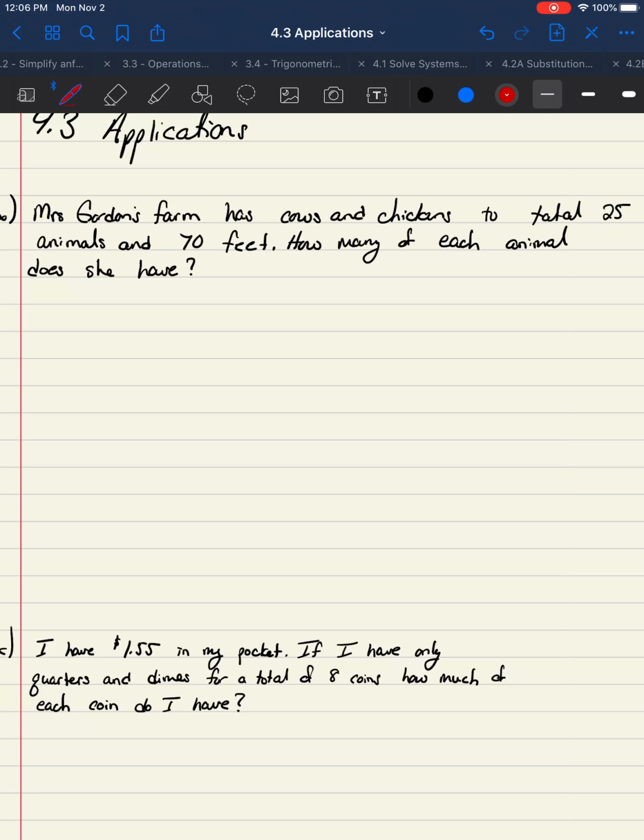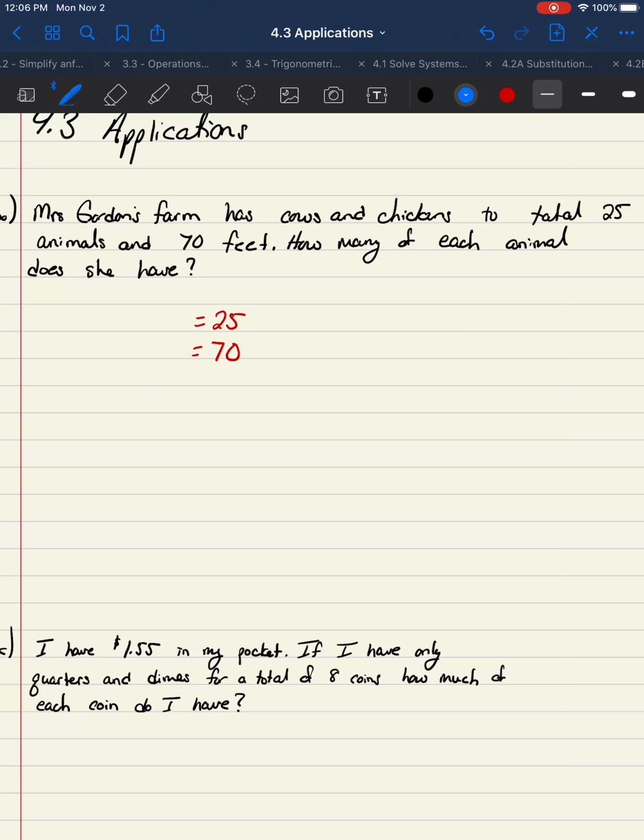Well, the first part of all these word problems is you've got to figure out what equations you have. So if we look at this, I'm being told two pieces of information. I'm being told total animals, and I'm being told total feet. Okay. Now, before I write my equation, I'm going to have some variables because I have unknown information.